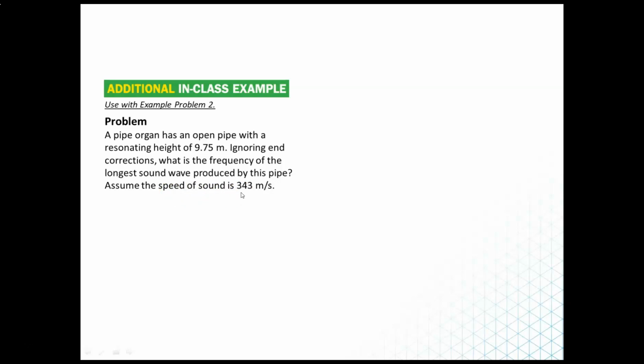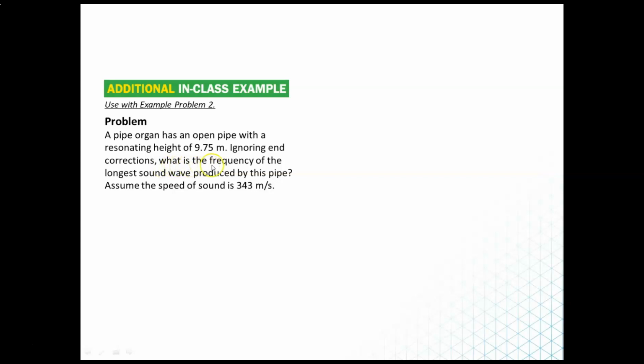So, first of all, I have to find out whether it is an open end resonator or a closed end resonator. As you see in the question, it's an open end resonator. Now, we have here 9.75 meters. From the unit, I know that this is the height.